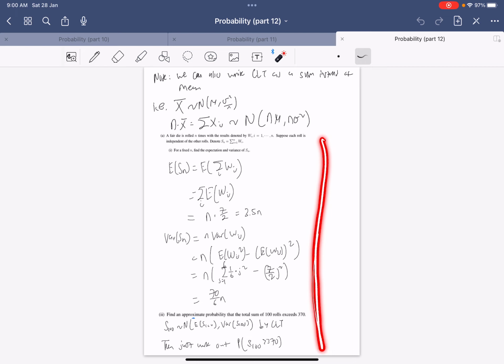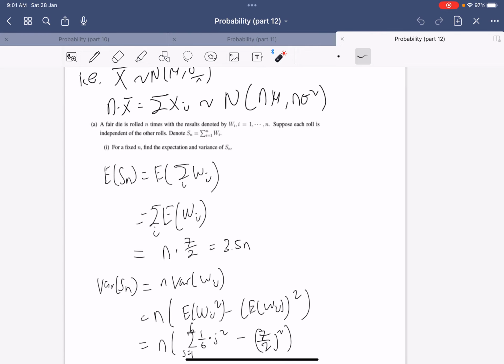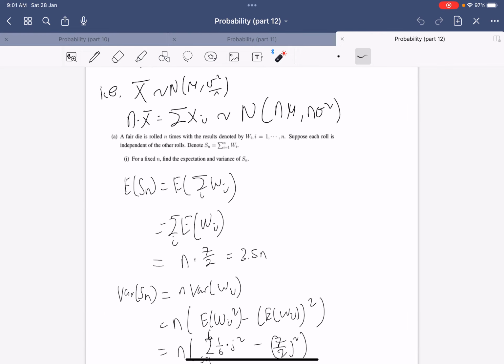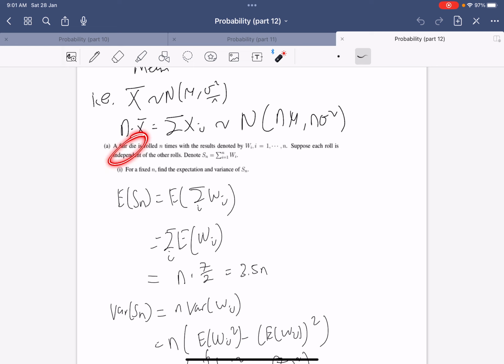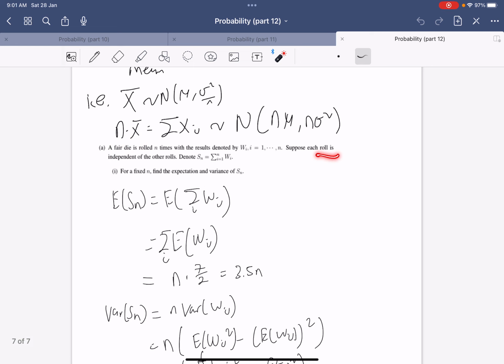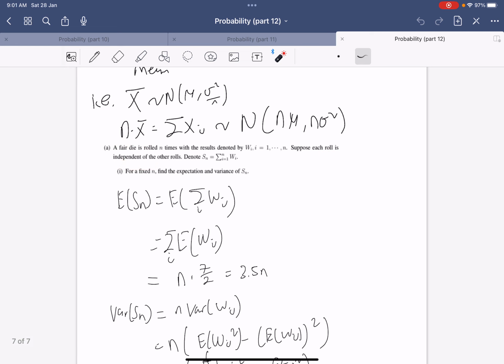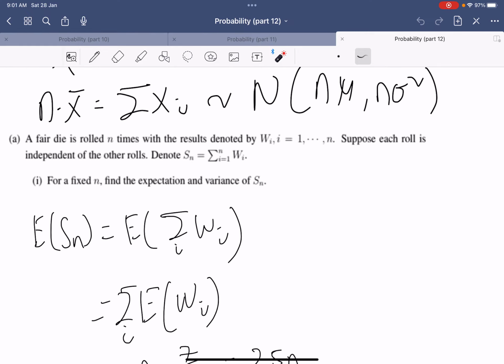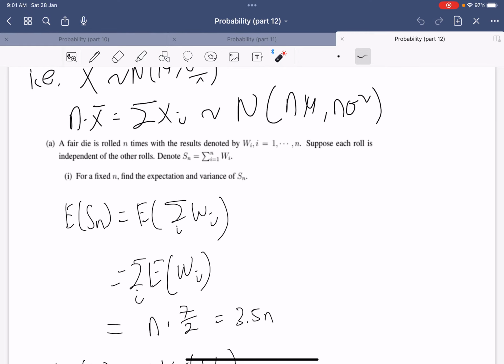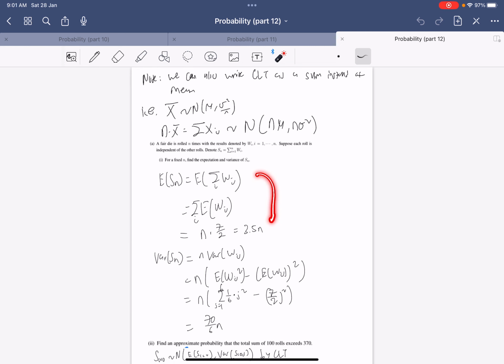By taking this example, you see how it's applied. Usually it's applied when you're doing hypothesis testing, when you want to test the random variable of the sample mean. Let's take a very simple example: you throw a fair die and we know each roll is independent of the others. Sn denotes the sum of all the rolls, and we want to find the expectation and variance of Sn, which you can do by definition.